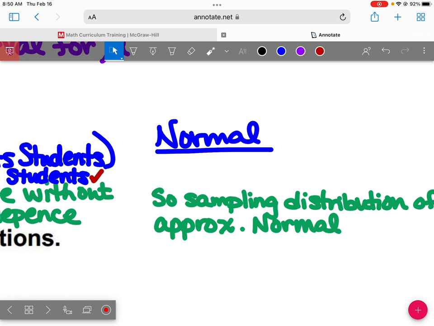And then we're going to go down to type. We want to make a histogram, so you want the one that looks like a bar graph. You're going to arrow over, make sure that that's there. Your X list should be coming from L1. Frequency, just 1. Make sure that yours looks like this.